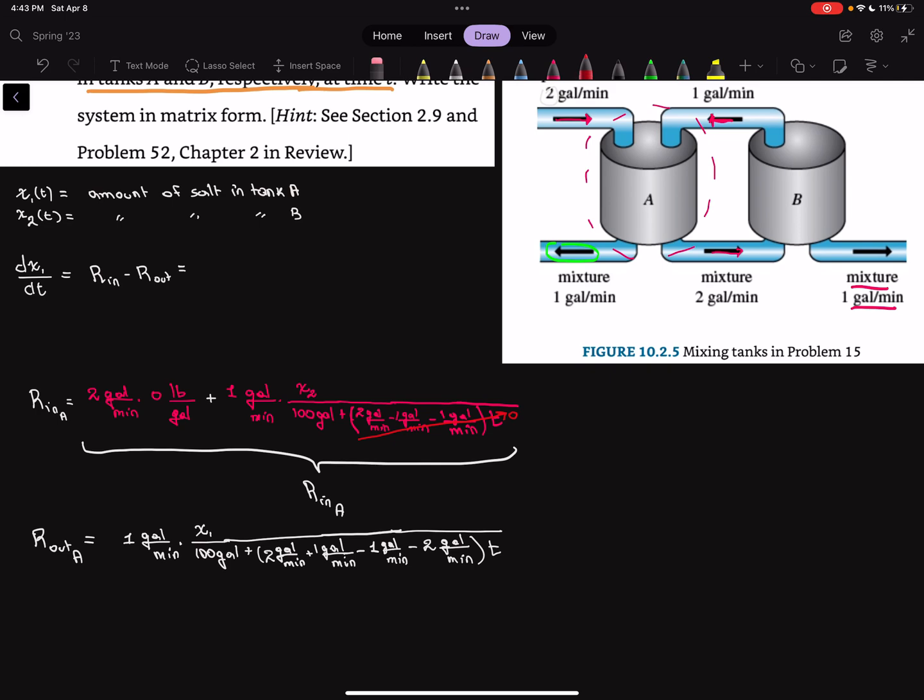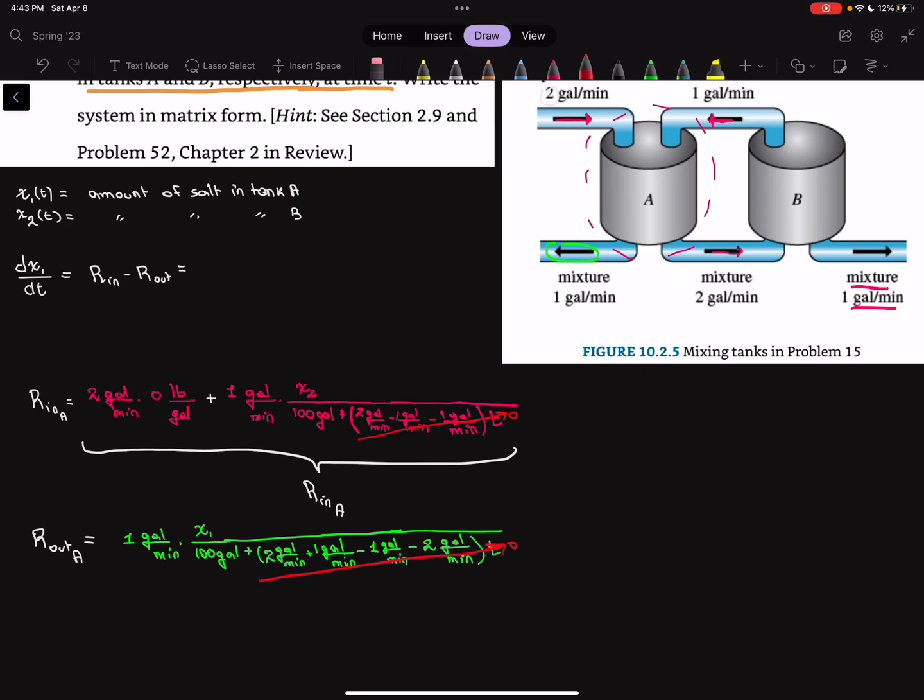Now, some of you might have noticed, well, first of all, that I didn't use the color that I said I was going to use. So let me add that up. Good. Now, some of you might have noticed that this 2 plus 1 is 3, minus 1 minus 2, that's 0. So this term goes to 0.